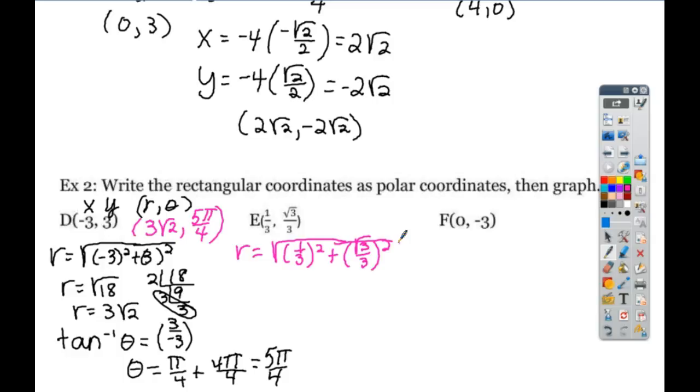It's not. What's 1/3 times 1/3? 1/9. The square root of 3 over 3 times the square root of 3 over 3 is 3/9.